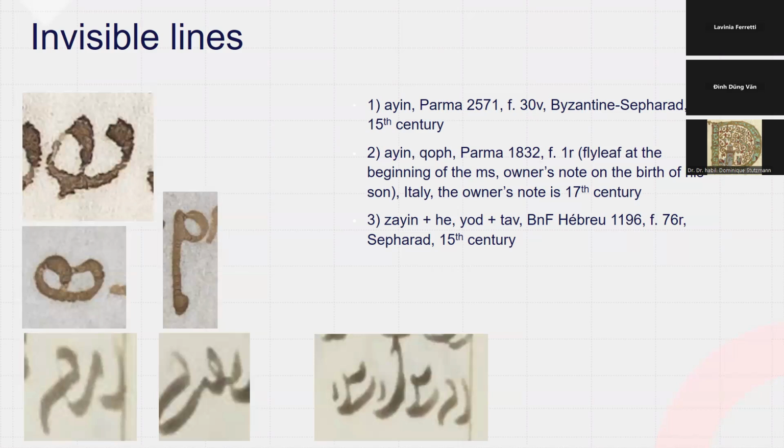But here, a scribe did this loop, and they immediately went to write another letter. So again, in the classical situation, this part would be done in the air. And here, even if it's a more faint, invisible line, it connects the end of one letter and the beginning of the other letter. It's a super thin line, but still it tells us how the movement of the hand went in order to make it possible.